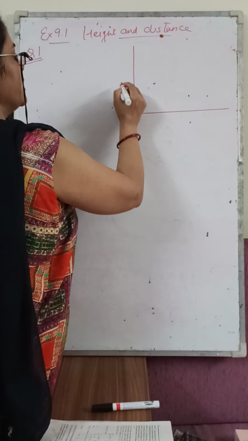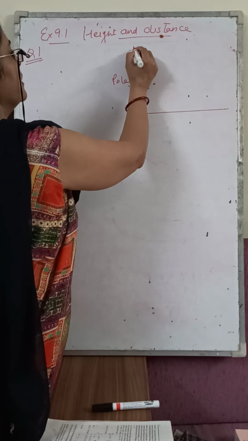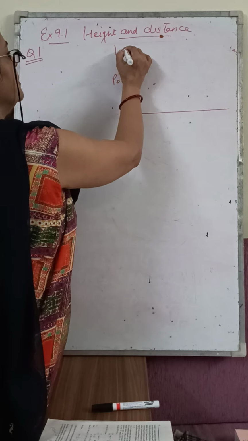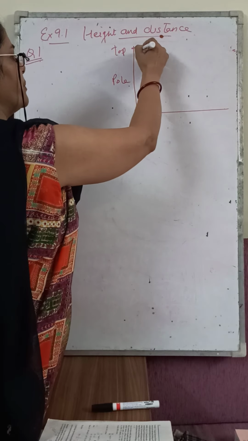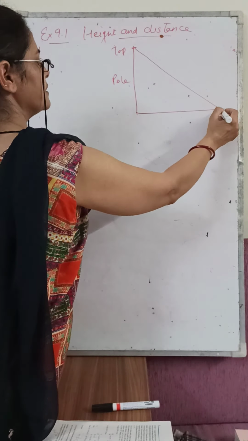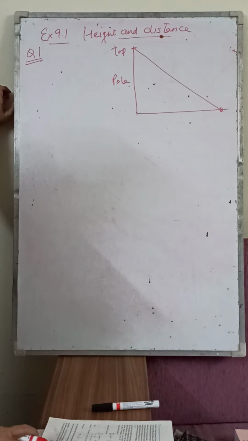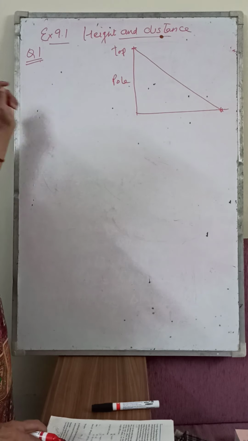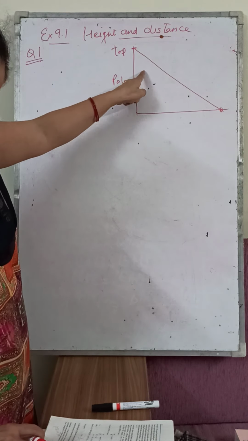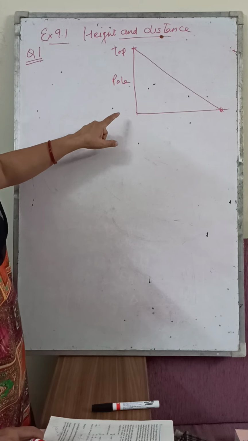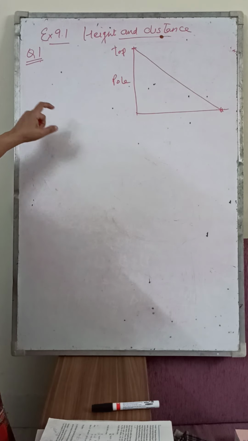Suppose this is a pole. This is the top of the pole, and a rope is stretched to the ground. Clear? It is tied to the ground. It is tightly stretched also, and it is tied to the top of the vertical pole. Right? Find the height of the pole.